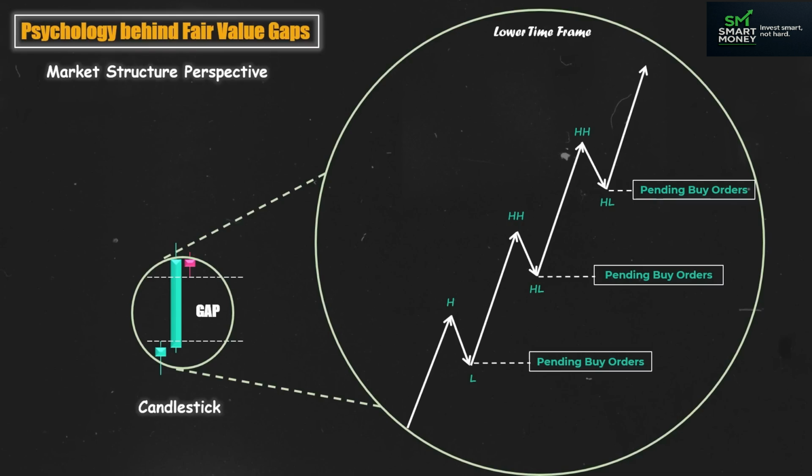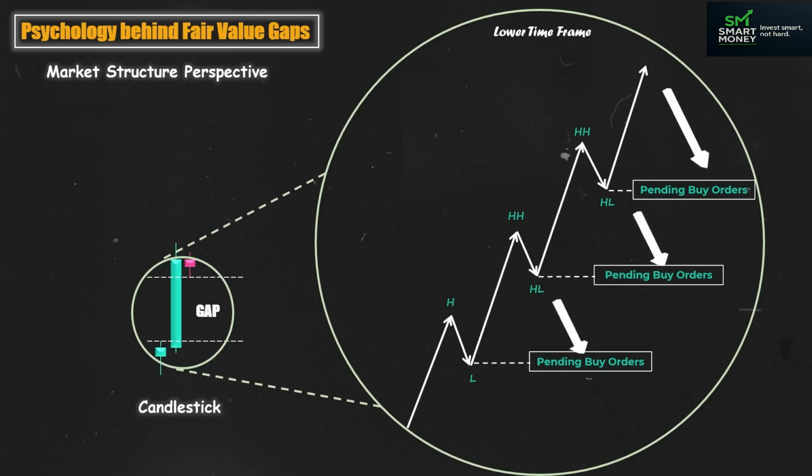At the same time, since the number of buyers outweighs the sellers, price keeps climbing until it hits a significant supply zone, where enough sell-side liquidity exists to balance the demand. At this point, the market starts to reverse temporarily. Why? Because it now needs to rebalance the inefficiency it left behind.